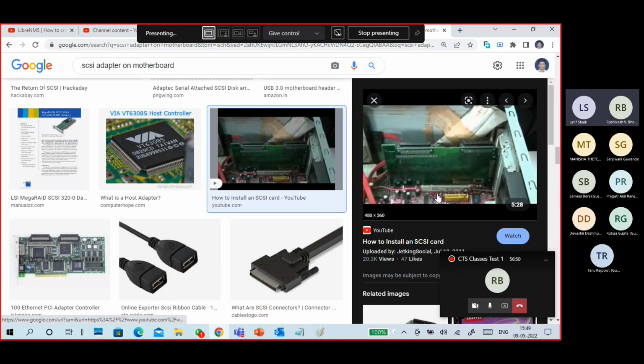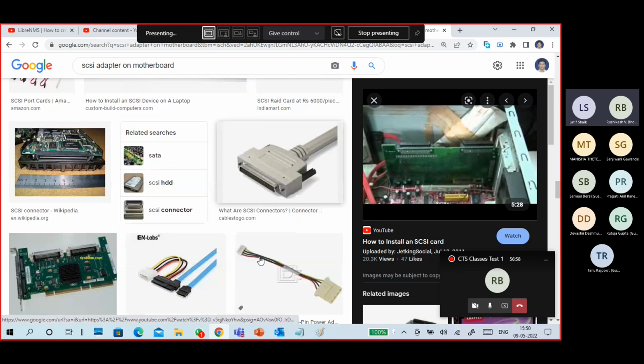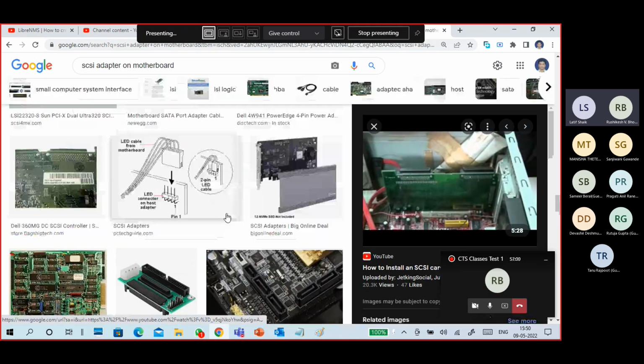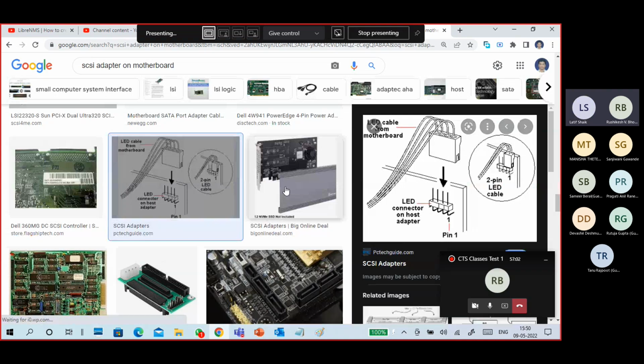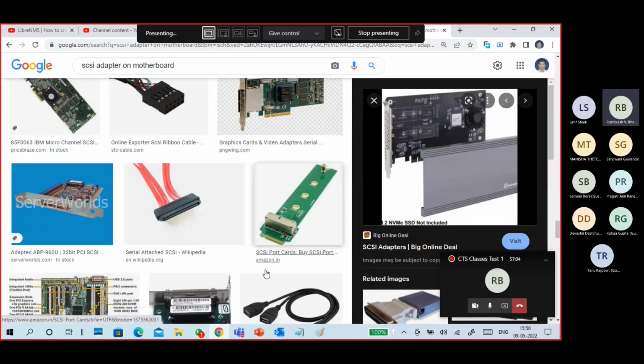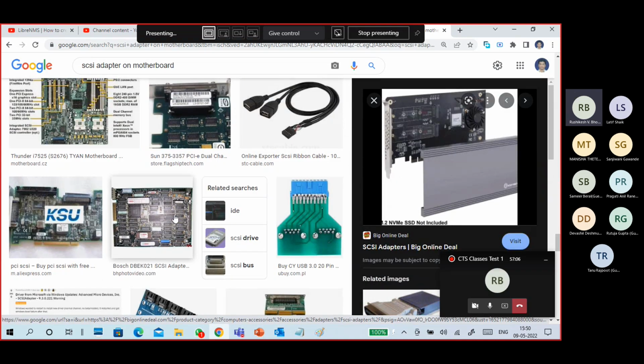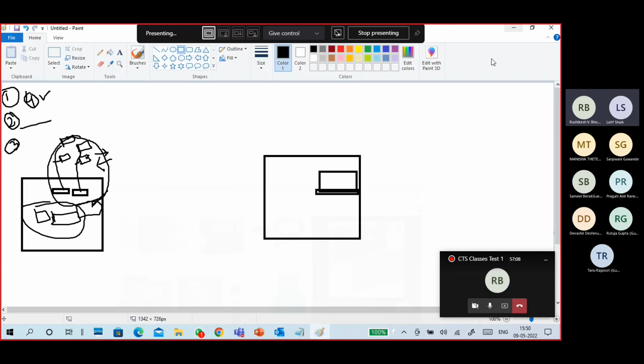So this bottom one is your motherboard. This is your adapter. This white slot is called PCI, so we are inserting it into PCI. Whatever it is, the adapter is connected to it.